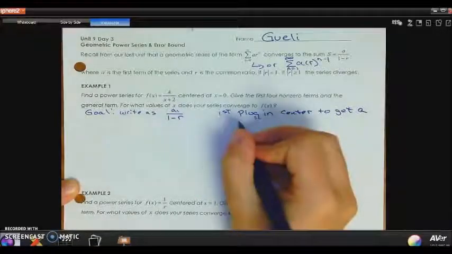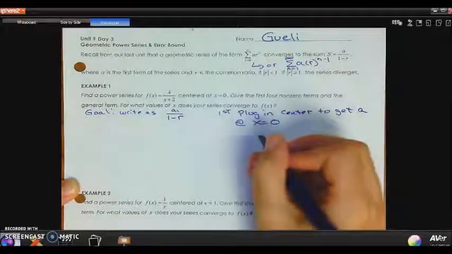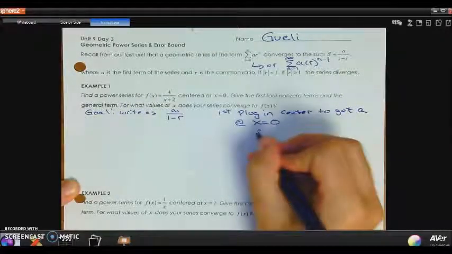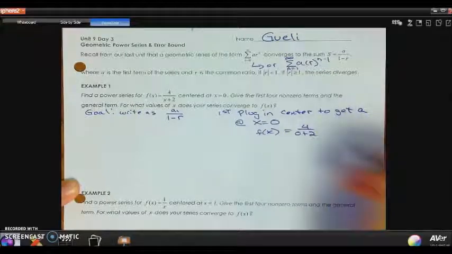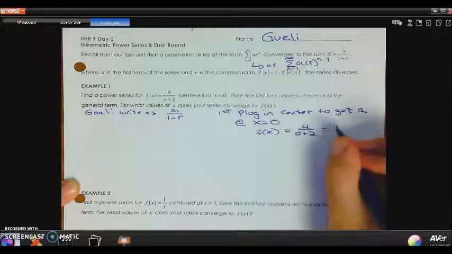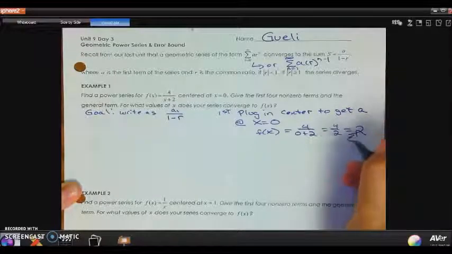In this case, we've got x equals 0, because it told me it was centered at 0. Then, when I plug that in, I'm going to get that f of x equals 4 over 0 plus 2. So that's just 4 over 2, or 2. So this number is my a.